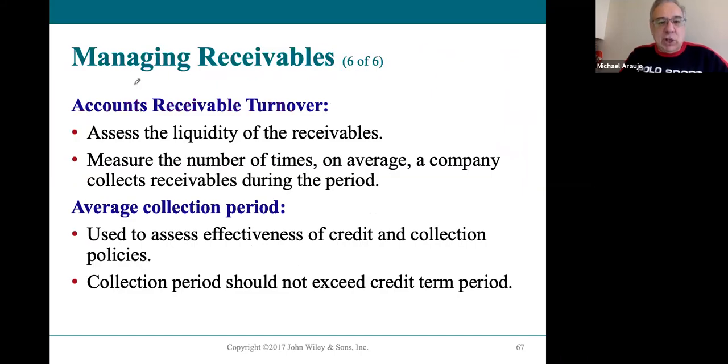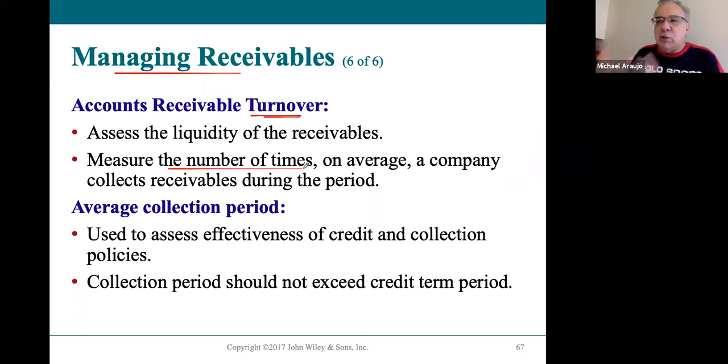All right. So let's go to the financial analysis piece here. The turnover rate for accounts receivable is the number of times that a company is supposed to collect its receivables every year.